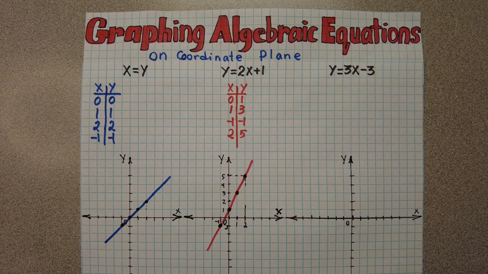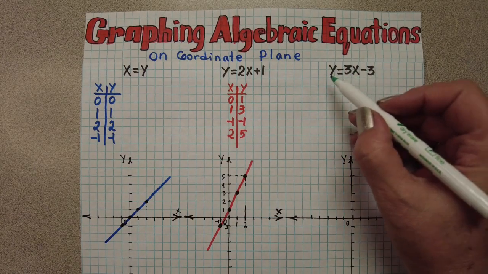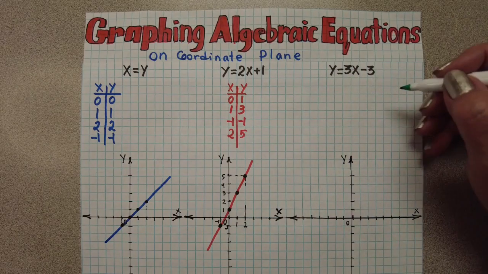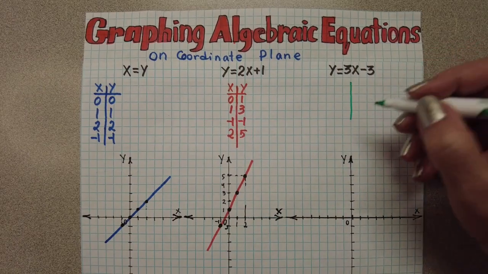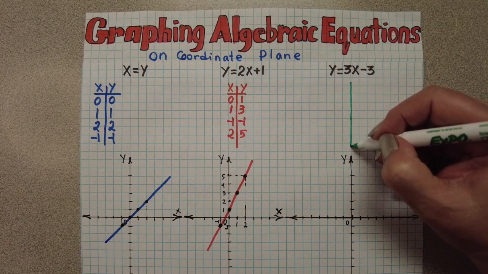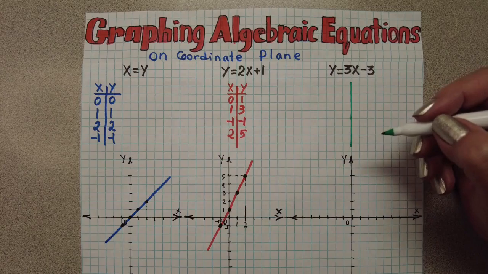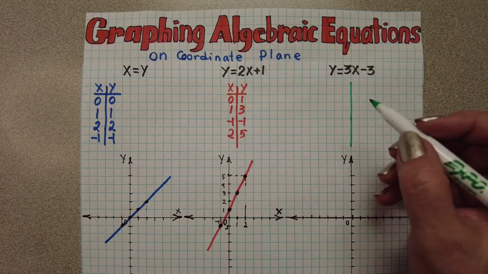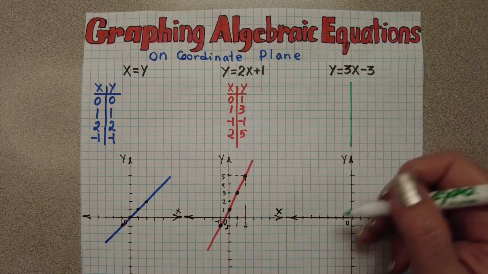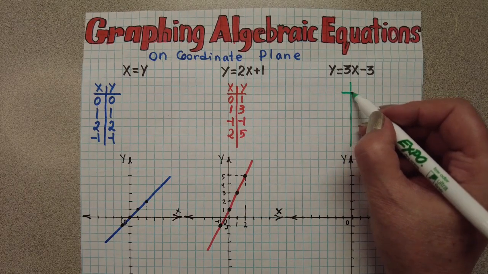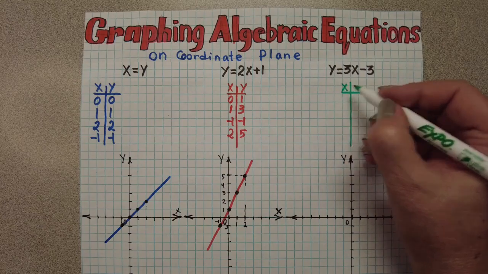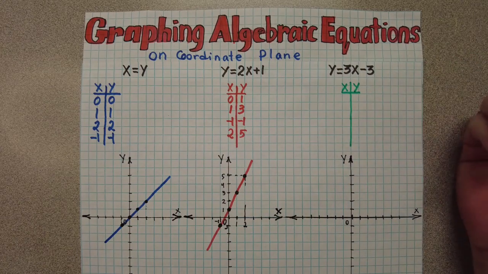Now let's do our third one. This is also a linear equation. Let's make our table and make our graph. So we represent this equation on the graph. First thing we do, ordered pairs. This is our x, this is our y.